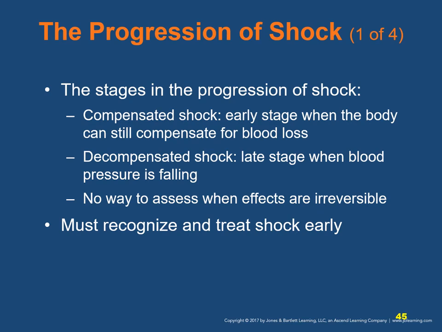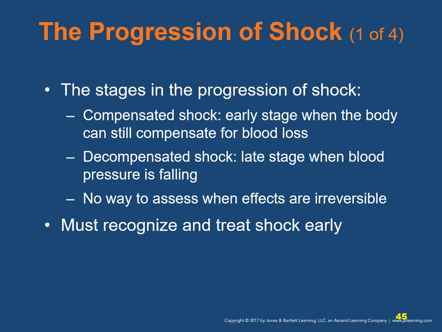The signs and symptoms are aggression, anxiety, restlessness, feeling of impending doom, altered mental status, weak, rapid, thready, or absent pulse, clammy, pale, cool, moist skin, pallor with cyanosis around the lips, shallow, rapid breathing, air hunger, shortness of breath, especially if there is a chest injury, nausea or vomiting, capillary refill of longer than 2 seconds in infants and children, marked thirst, narrowing pulse pressure.